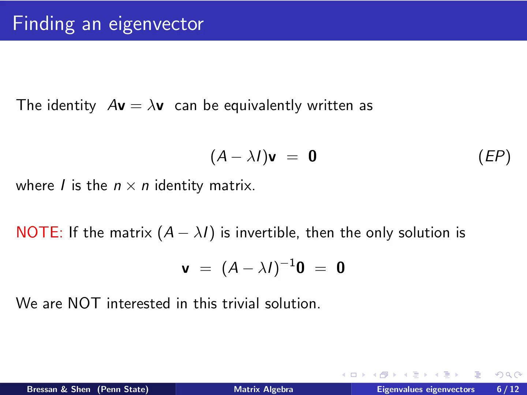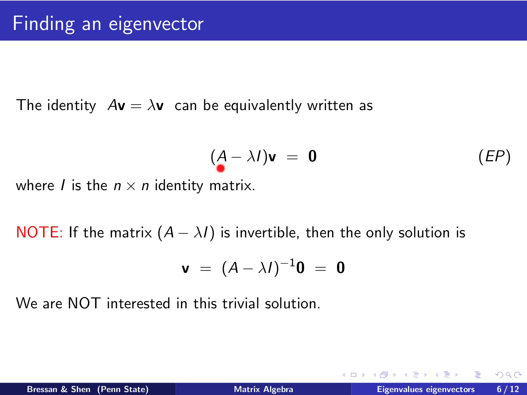We will use the identity in the definition, that is Av = λv, and rewrite it as follows. λv can be written as λ times the identity matrix times v. Then we can move that to the left-hand side of the equation and take v out as a common factor.